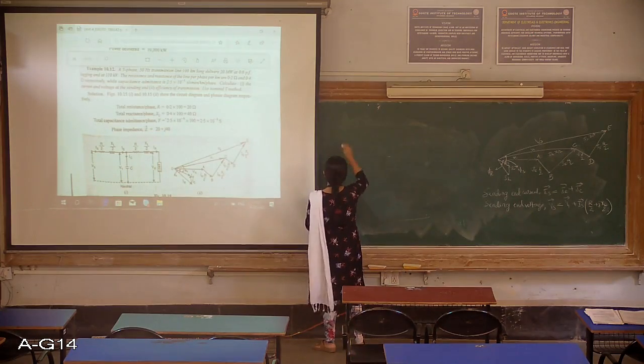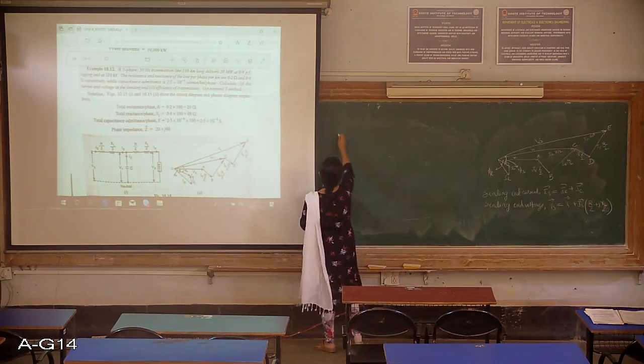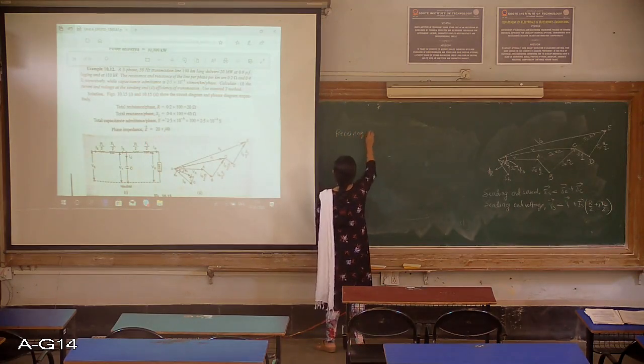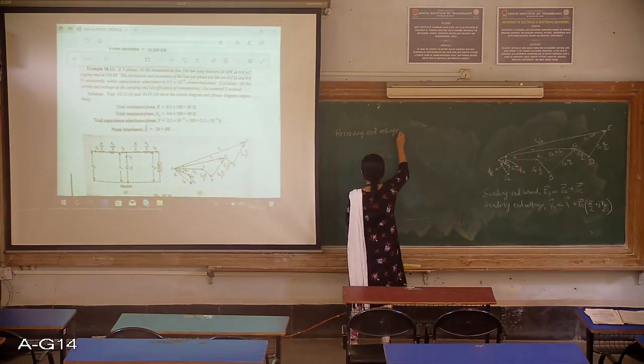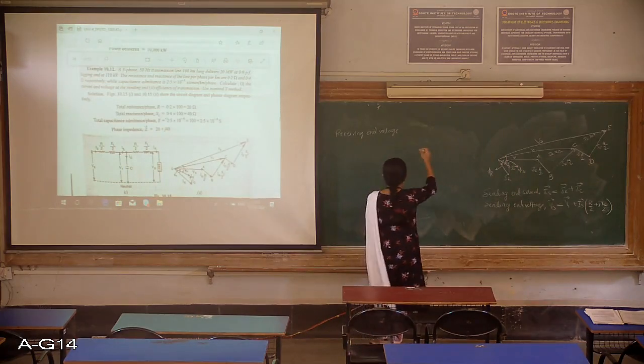Here you have to be careful while calculating the voltage. Since it is a three-phase system and we consider per phase analysis, you have to write the voltage properly. They have given the receiving end voltage as a three-phase voltage, so you have to convert it to per phase.